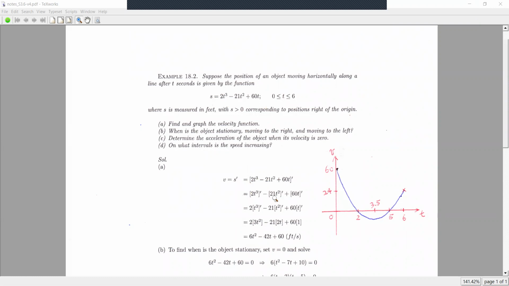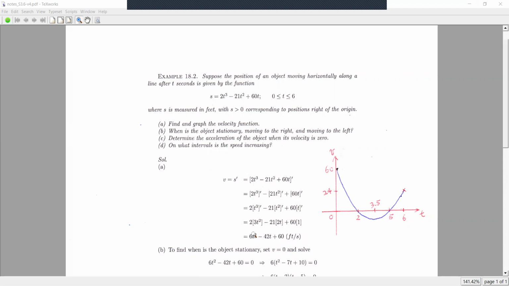Move the constants outside the derivatives, then we have this equation. Derivative of t to the third is 3 times t squared. Derivative of t squared is 2t, and derivative of t is 1. So this is the velocity function of this moving object.